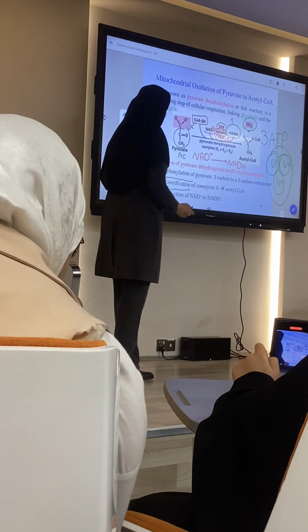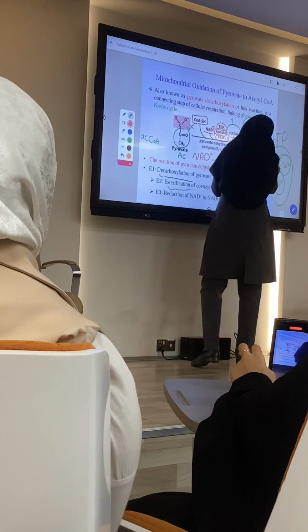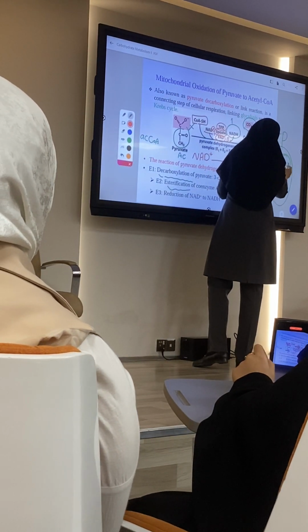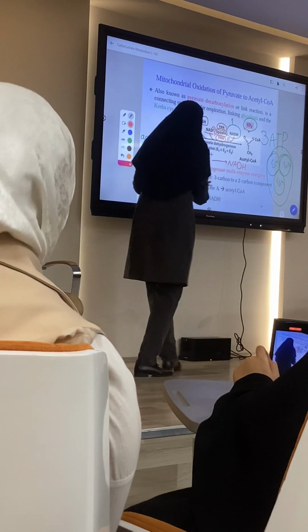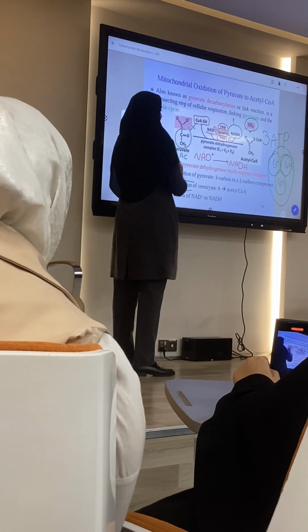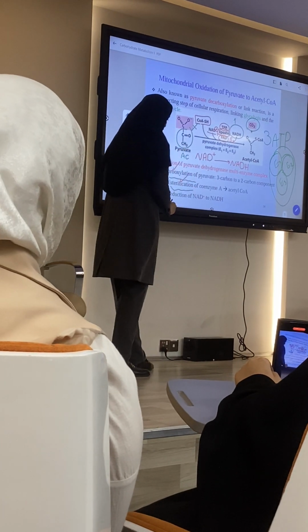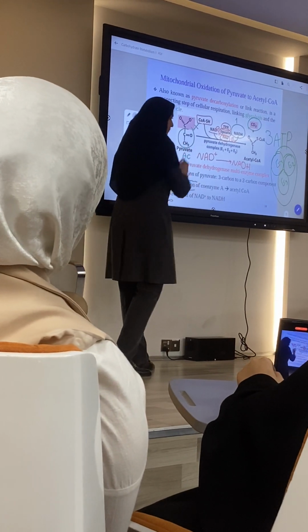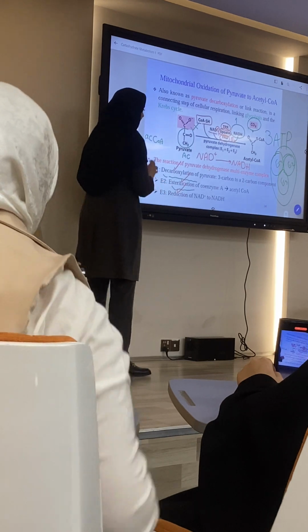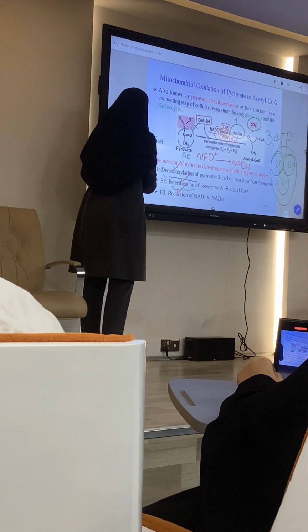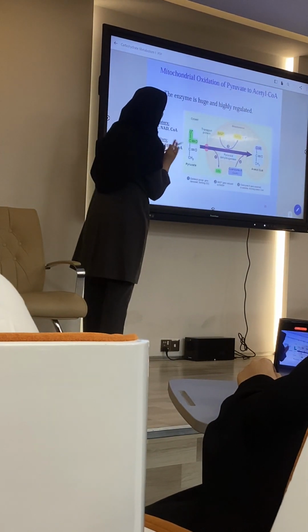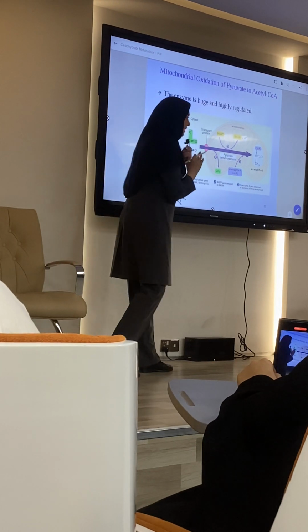Okay? As you can see here, each part has a specific function. One of them is responsible for decarboxylation, one for esterification, and another for reduction. Okay?